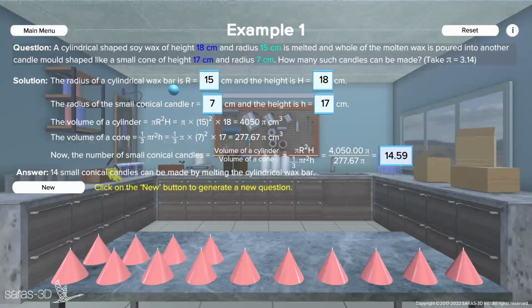First of all, you should know the dimensions of both the solids, find their volumes individually, then find how many numbers we have to find. So it will always be the ratio of their volumes, and this is how you will be able to find. Okay, so let us look at a couple more examples.